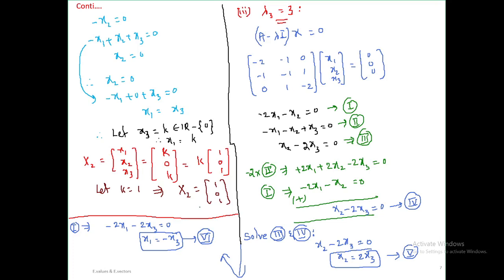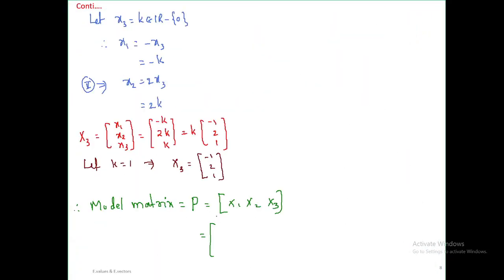And x2 is 1, 0, 1. And what is x3? Minus 1, 2, 1. So this is the model matrix P.